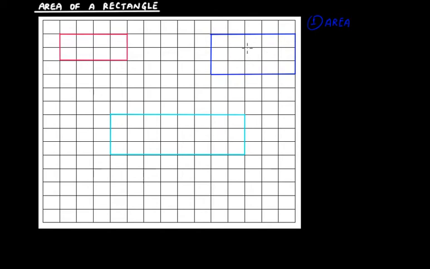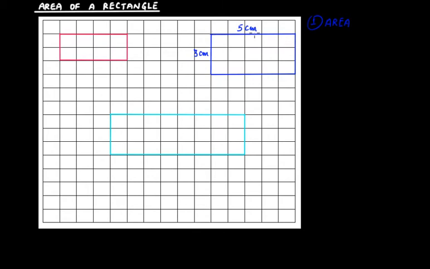So let's begin. How many full squares do we have here? Let's suppose that for this rectangle the length is 5 centimeter and the breadth is 3 centimeter, and we have plotted it according to that, because we know that each side of a square in a square paper is 1 centimeter.